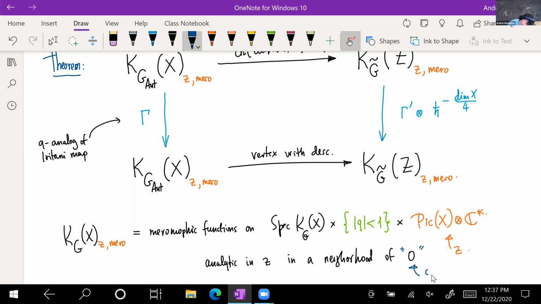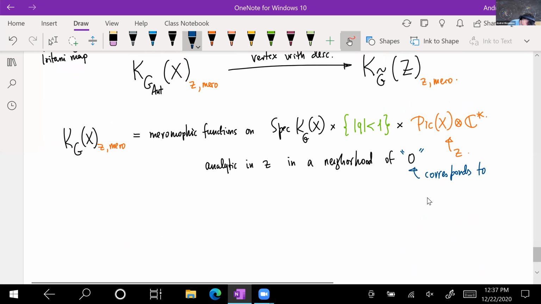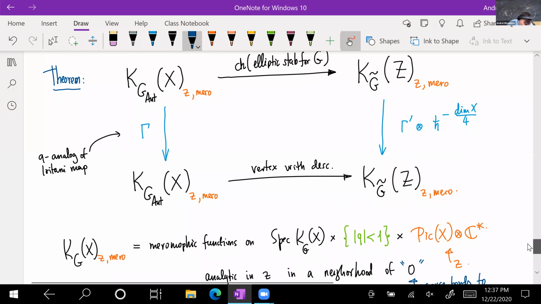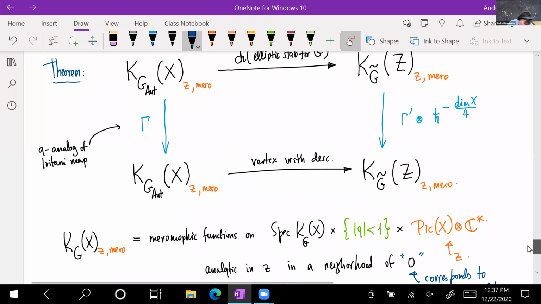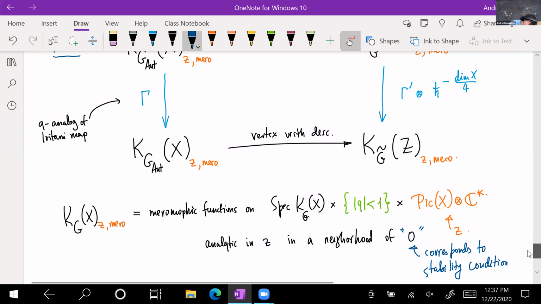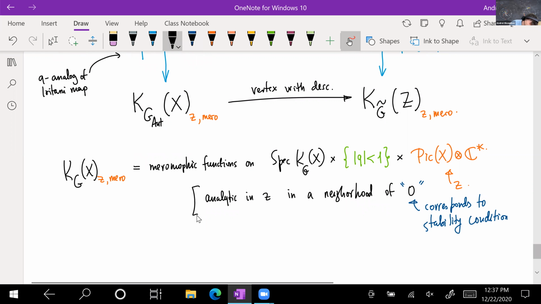So this corresponds to a stability condition. Maybe this is slightly parasitic. Maybe for the statement we don't need that stuff. Okay, that's the statement.